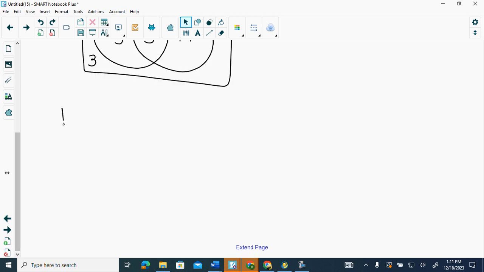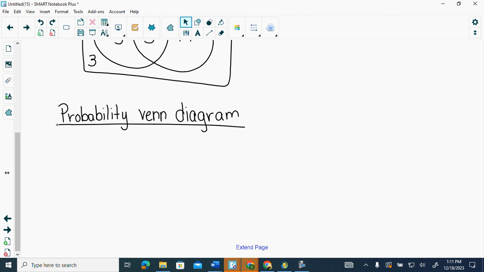So if I give you a probability Venn diagram, probability Venn diagrams either add to 1. This is if they're decimal probabilities.